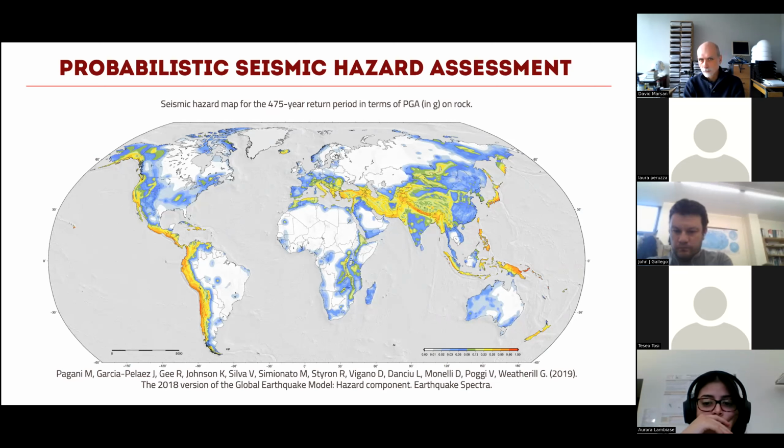This is information that, if it's useful for your studies, your PhD studies, I just want to mention that all these models are available for your activities, even if you just want to do some comparisons. But this is it in terms of the seismic hazard component.